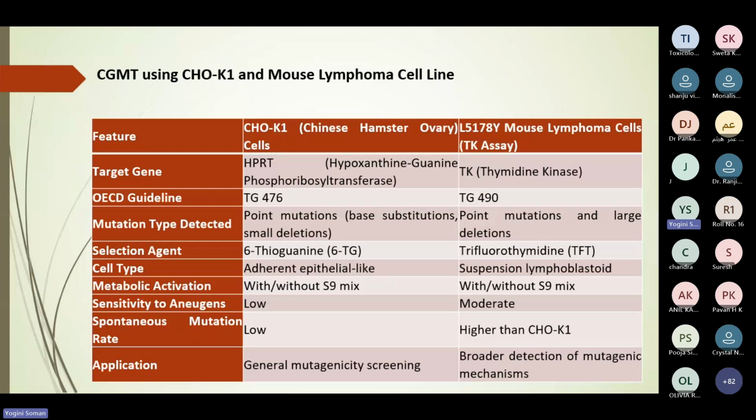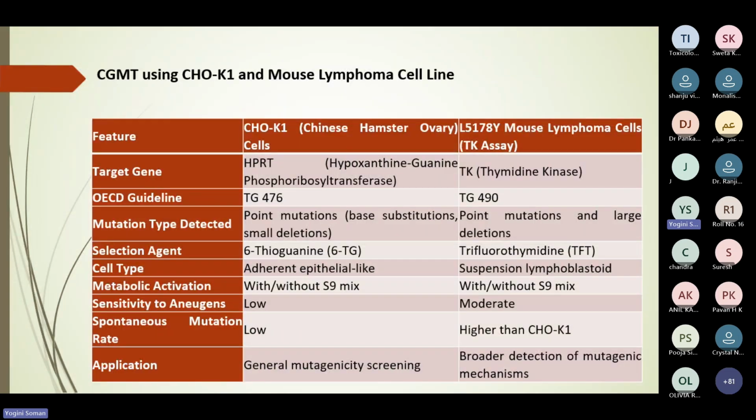The mutation types detected for CHOK1 are point mutations, base pair substitutions, and small deletions, and for mouse lymphoma, point mutations and large deletions. The selection agent is 6TG for CHOK1, and for mouse lymphoma, trifluorothymidine, that is TFT. CHOK1 is an adherent epithelial-like cell line, and mouse lymphoma is a suspension lymphoblastoid cell line.